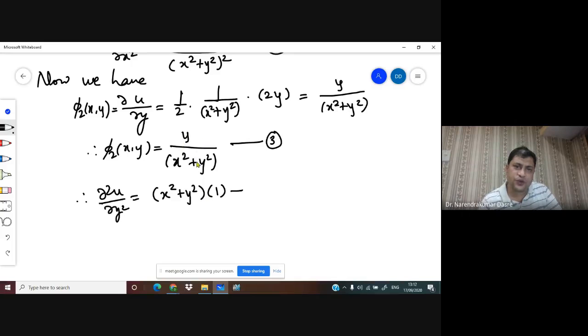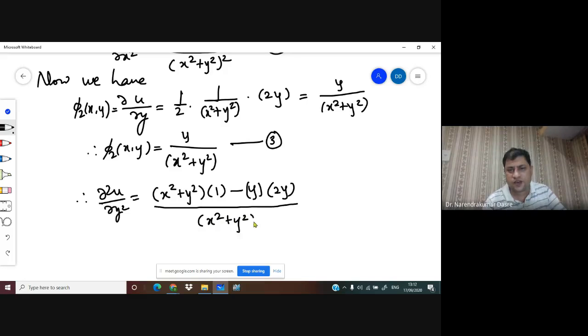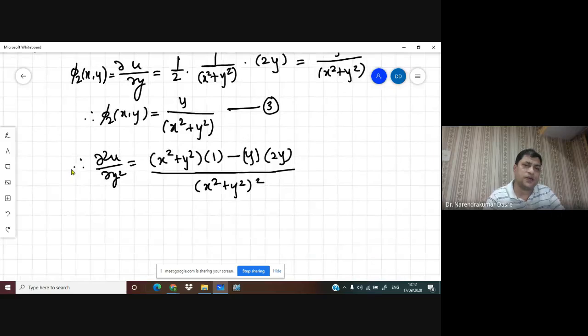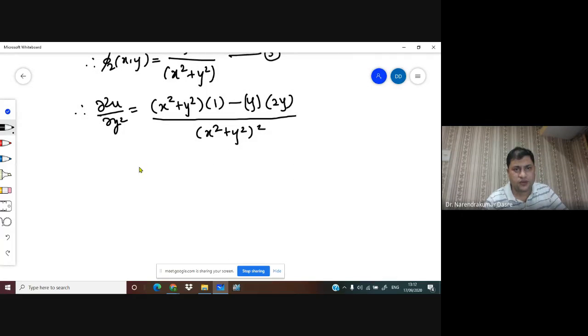Again, we have to use the u upon v rule. Now see, this y remains as it is, and the derivative of this denominator is 2y, and v square, so you'll be having x square plus y square, bracket square. Okay, so let us simplify this. So we got x square plus y square minus 2y square upon x square plus y square, bracket square.